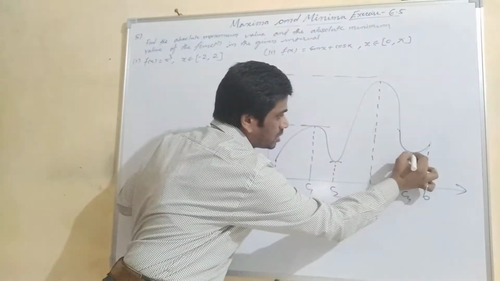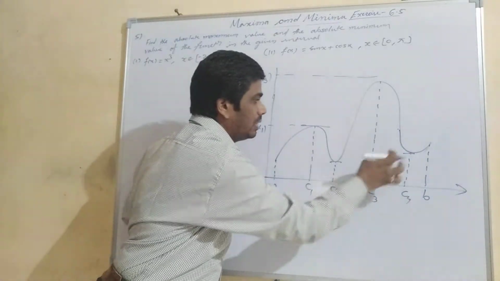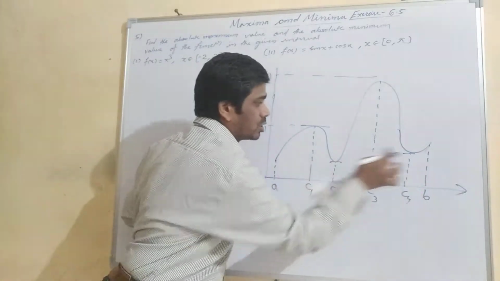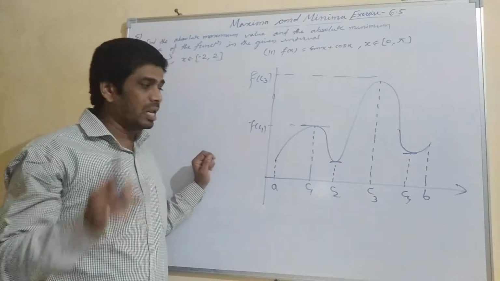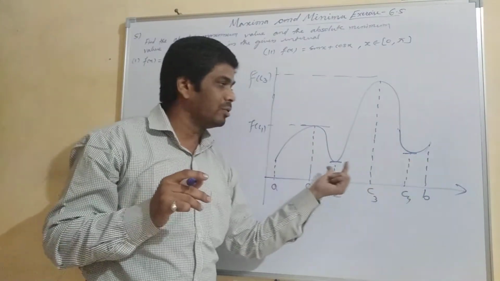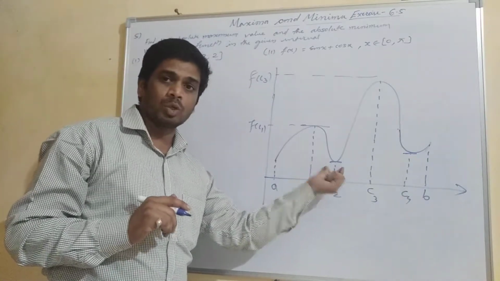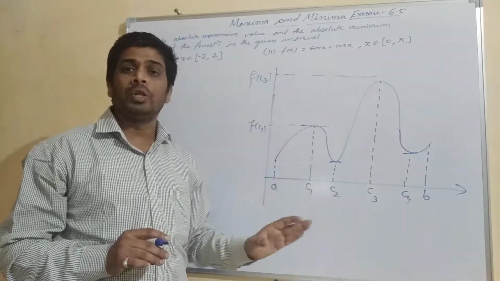There are two valleys in this interval, and at these points there are two minimum values, but which one is less? This one. So you can say that f(c2) will be the absolute minima.